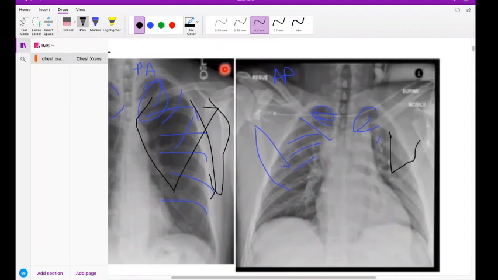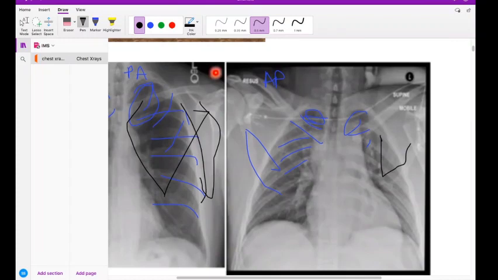But in AP view, this side is not so clearly visible, but this side is more clearly visible. So you can see this is the scapula over here, and it's coming onto the lung field, whereas over here it's more towards the side. Did you guys understand?